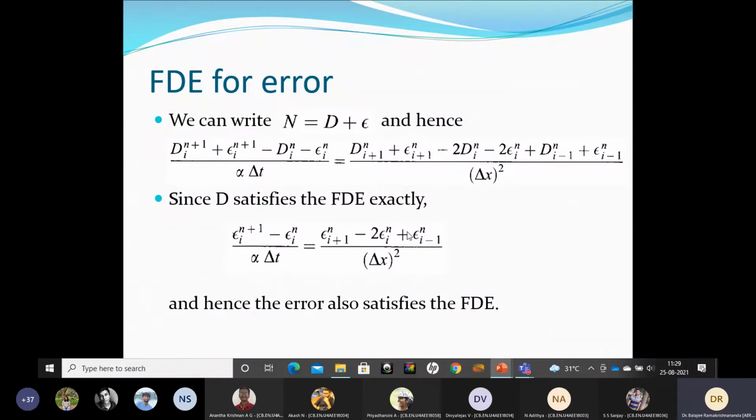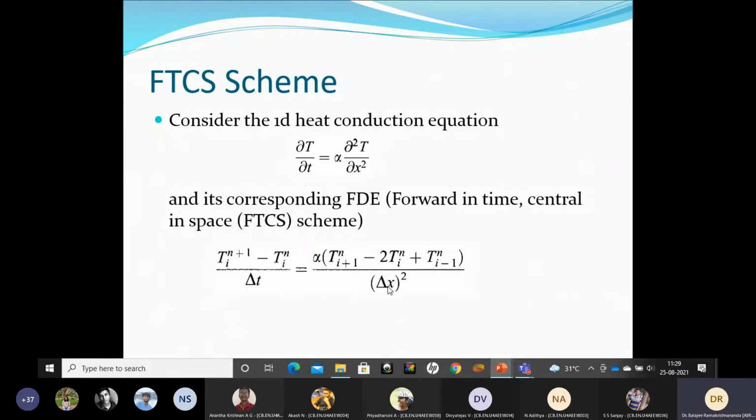What remains will be only the error. A very important concept to remember: the error also will be satisfying this equation exactly.